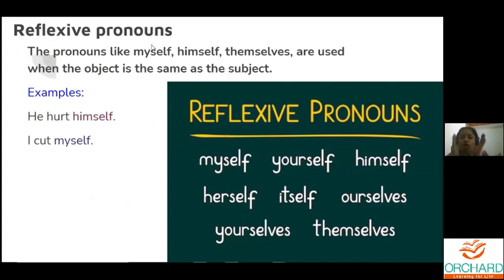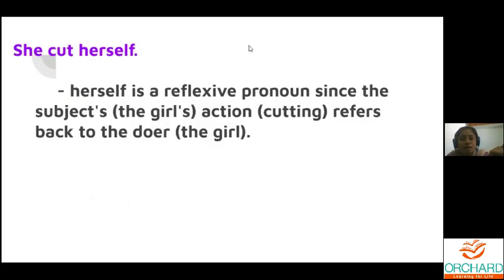And reflexive pronouns, if you see, the pronouns are used when the object is the same as the subject. Object and subject are the same. Okay, I cut myself. He cut himself. Yes, so she cut herself. She is a subject. Cut is the verb, and herself is the object. She and herself refer to the same person. So it is a reflexive pronoun.